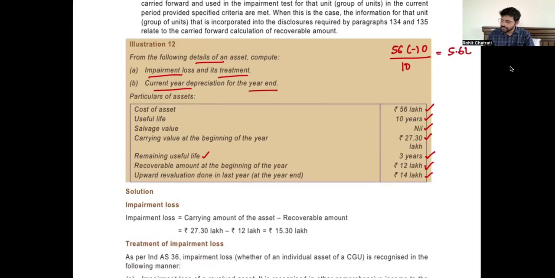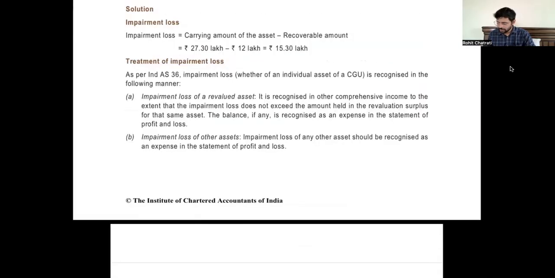All right, let's start by calculating the impairment loss itself. So step number one would be calculation of impairment loss.